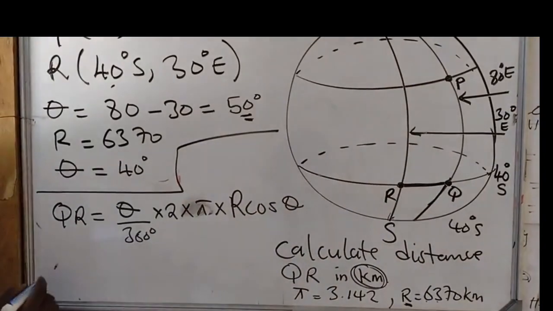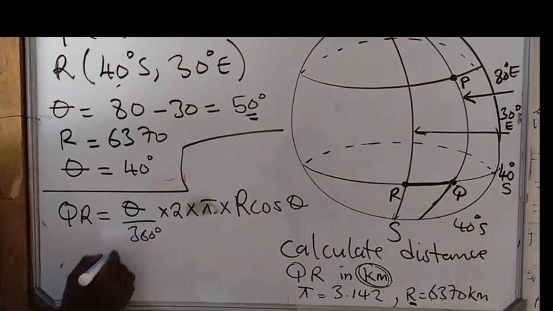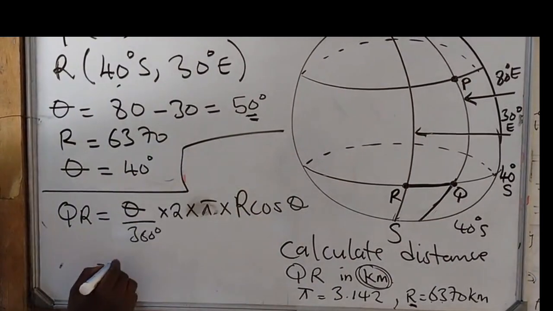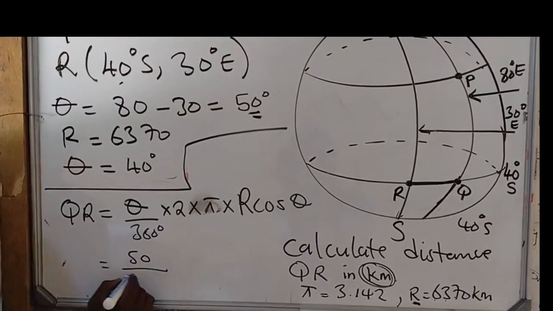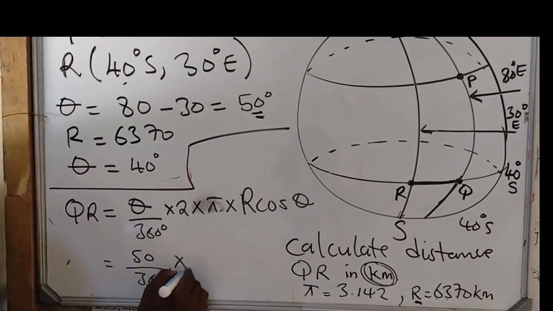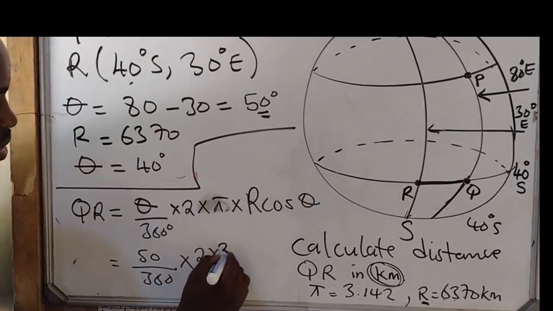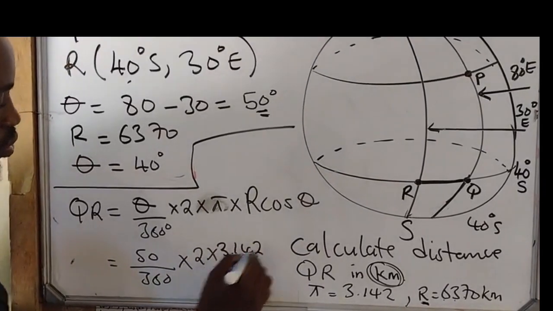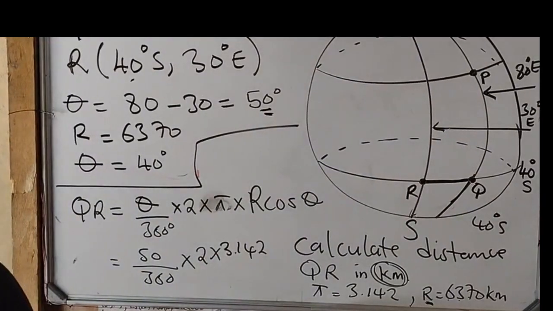That is our formula there. So we put that 50 over 360 times 2 times 3.142.